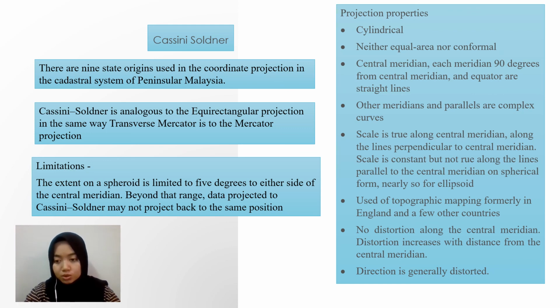This is the distortion of the Cassini-Soldner projection. The limitation is that the extent on a spheroid is limited to 5 degrees to either side of the central meridian. Beyond that range, data projected to Cassini-Soldner may not project back to the same position.